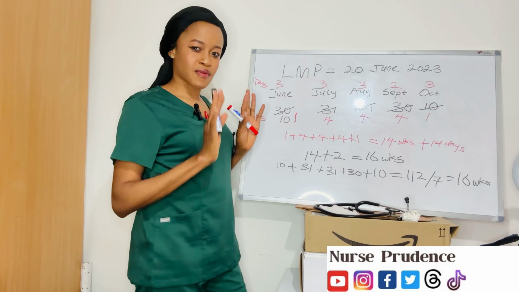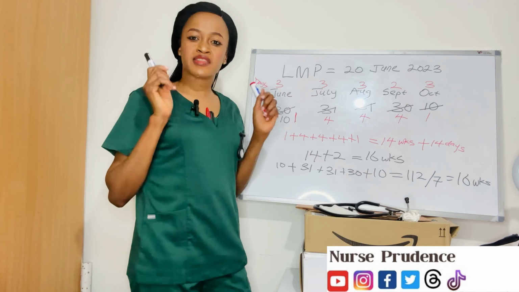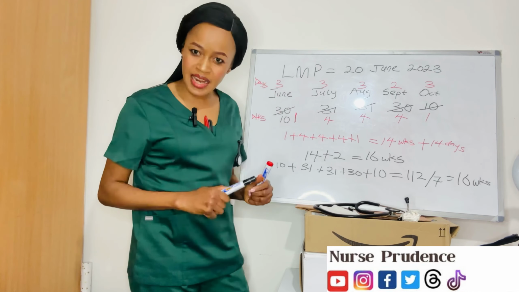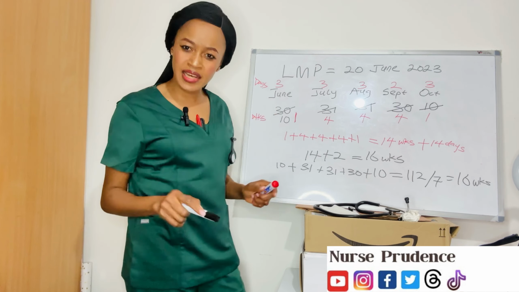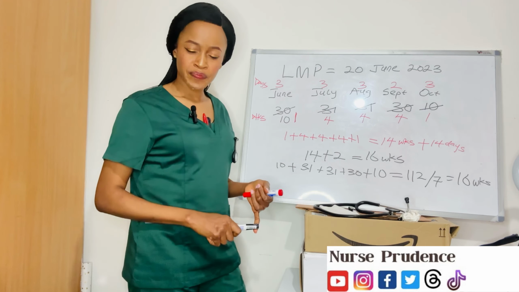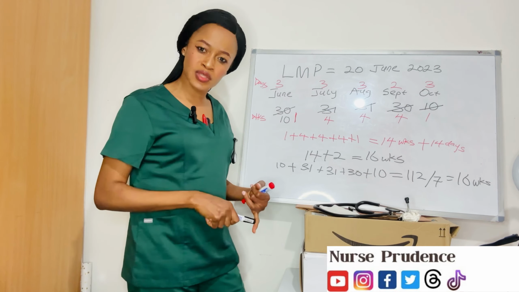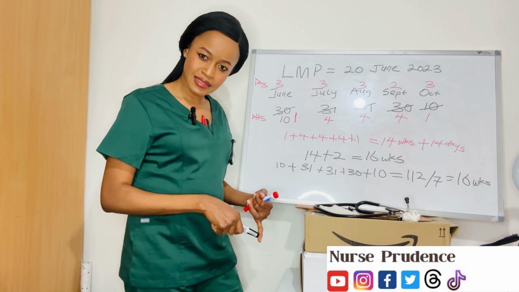Just for a repeat. For you to know the gestational age of your pregnancy, how far you have gone in your pregnancy, you have to know your last menstrual period. And the number you are going to use is the first day the menses started.